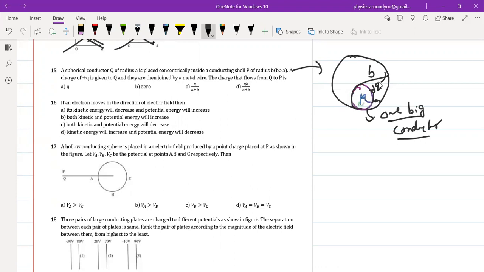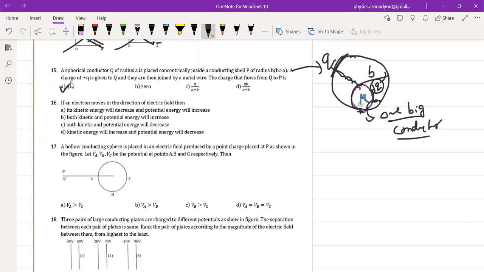We know that charge cannot stay inside a conductor. So whatever charge was there on the inner sphere, it will zap, go through the wire or through the contact and reach the outer surface of the outer sphere. So the entire charge will go from the inner sphere to the outer sphere. So the right option would be A.